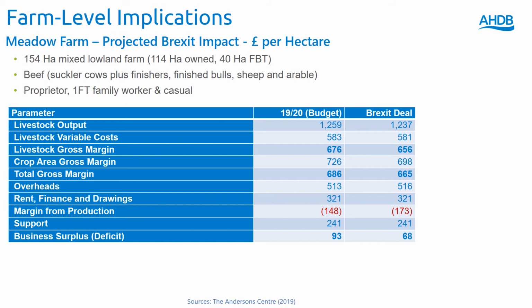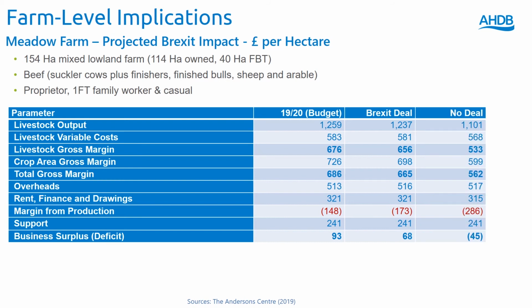So a slight deterioration in performance overall, and you can see a slightly more pronounced loss from production of £173 per hectare. But once again, we're keeping support at the same levels. So this farm still generates a surplus in a Brexit deal context of £68 per hectare.